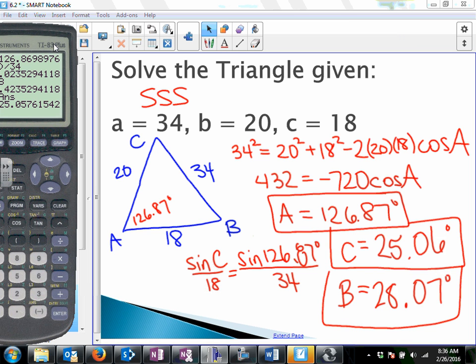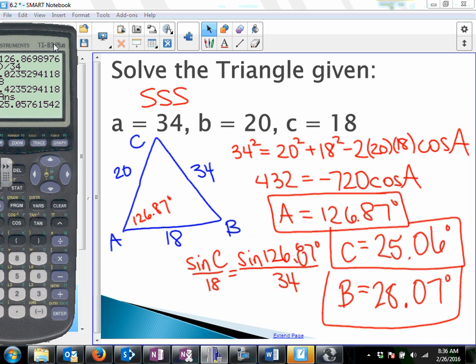Okay. On Wednesday, you learned an area formula. What was that? Great. 1/2 times side times the sine of the included angle. Okay? I just paraphrased what Courtney said.